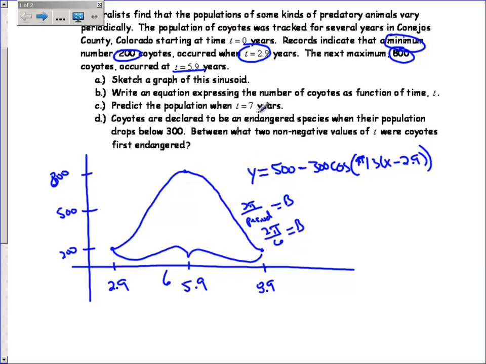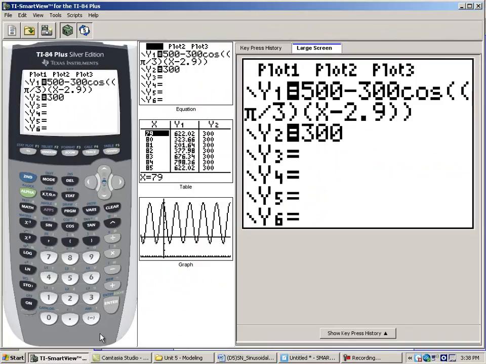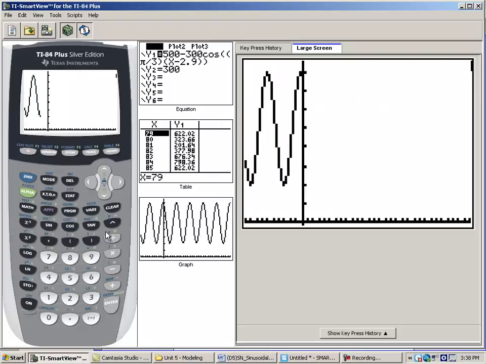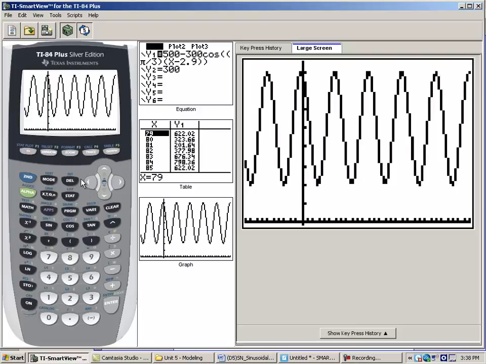Predict the population when t equals 7 years. So I want to find the function value at 7. And then I'll come back and do that. Let's go see that on a graph. I actually have that graphed here. I've got the equation. I'm going to turn off this second one. I want that on for now. Alright, so we just graph it. And I want to find a value at 7, so I'll go to second trace.